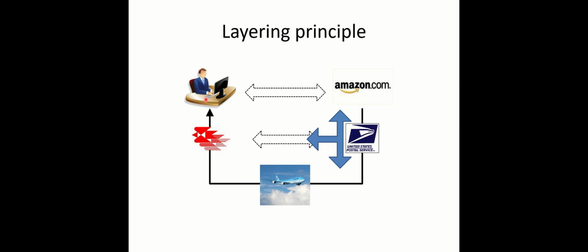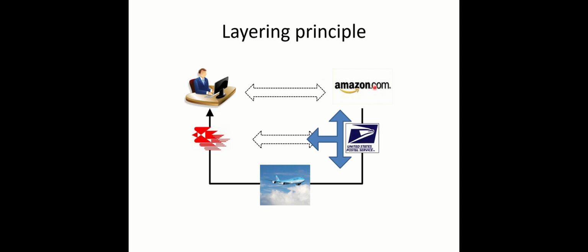That's it. I don't have to know what airline carried my book over the Pacific Ocean, and I don't have to know what postal service or delivery company Amazon used. So it makes the whole picture modular. Okay, the complexity is reduced.